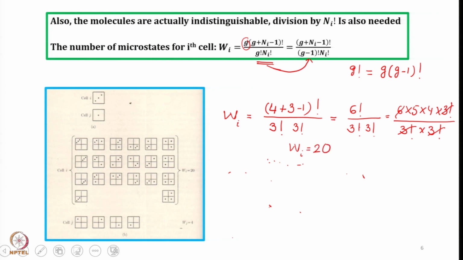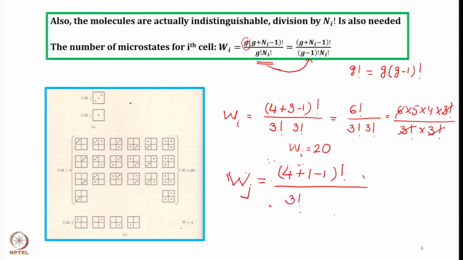Now let us say Wj. Here G is 4, plus Ni is 1, minus 1 factorial, divided by (G minus 1) 3 factorial into 1 factorial, and this is nothing but 4 into 3 factorial over 3 factorial, which is equal to 4. 1, 2, 3, 4.